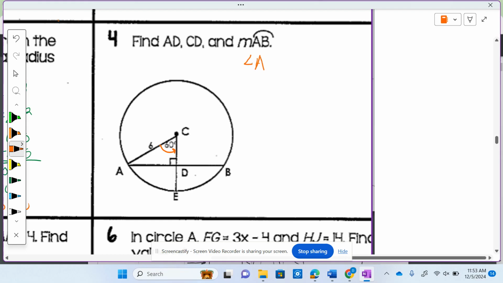Angle ACE is a central angle. So what does that mean about arc AE? So arc AE is equal to 60 degrees. Because remember that central angles and the arc that they intercept are the same.